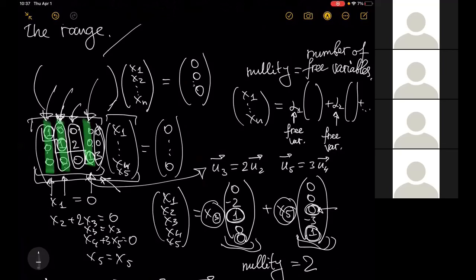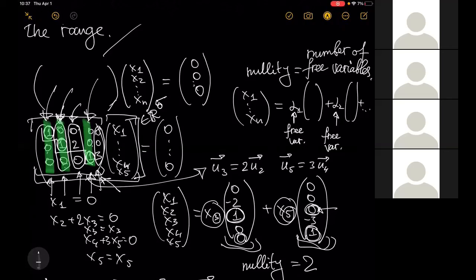Number of leading ones plus number of free variables gives you what? The number of these x's, the number of unknowns, right? But what is that? This is nothing else but the domain, right? Your domain is Rn, in this case R5, right?